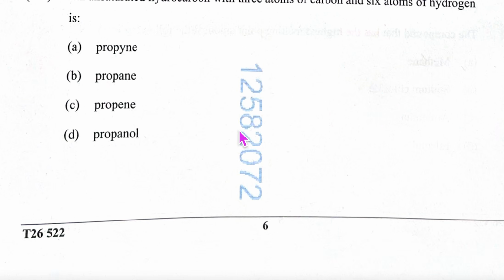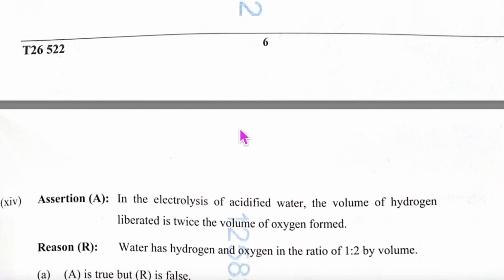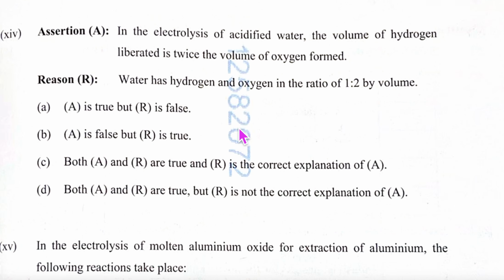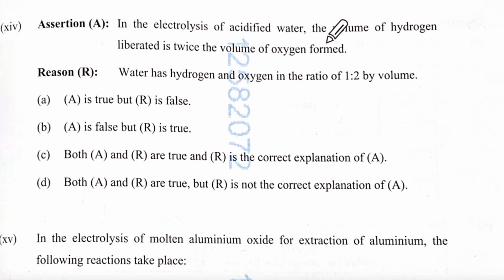The paper is so simple, sometimes you think that it's a trick question. Assertion A: in the electrolysis of acidified water, the volume of hydrogen liberated is twice the volume of oxygen. This is correct. By volume, it will be 2:1. This is true.